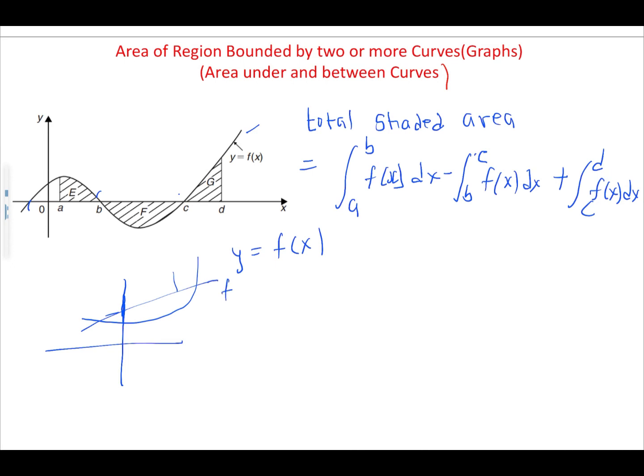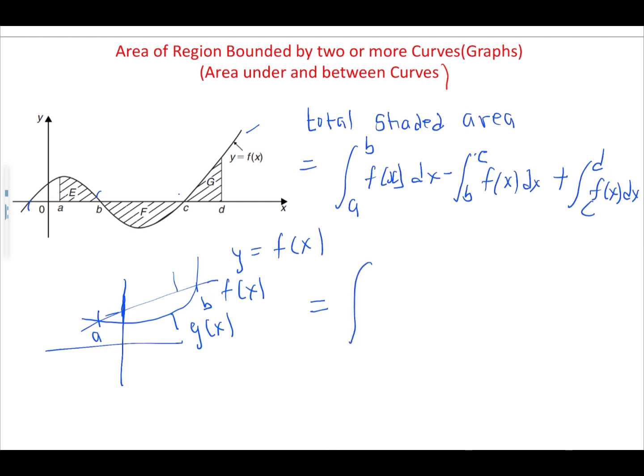Assuming that the upper function is f of x and the lower function is g of x, when we want to evaluate, let's assume that here has a limit of a and a limit here of b.